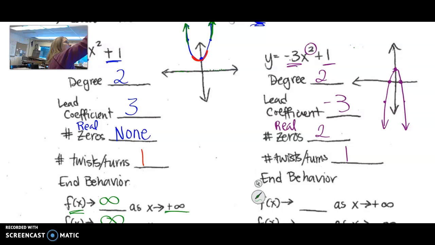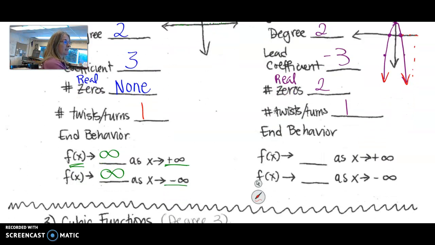Okay, now looking at the end behavior, as x goes out this direction, the y coordinates are going down towards negative infinity for both sides of the graph. For both ends of the graph, they're both heading towards negative infinity. So f of x, or your y values, go to negative infinity as x goes to positive infinity. They also go to negative infinity as x goes to negative infinity.